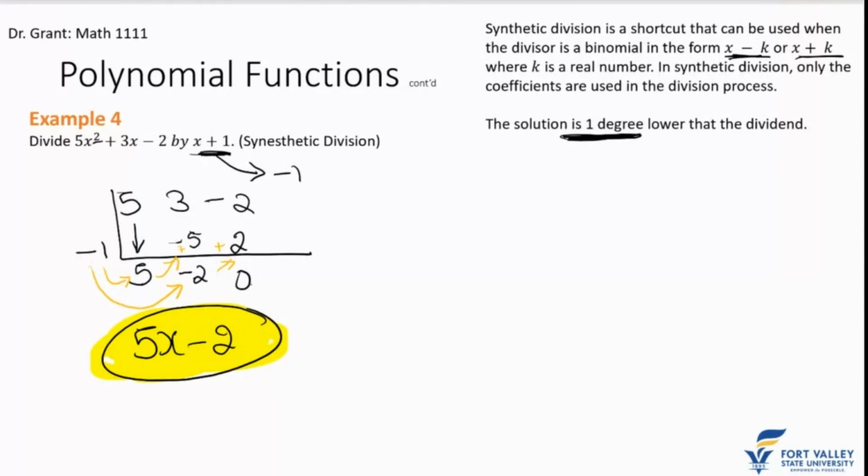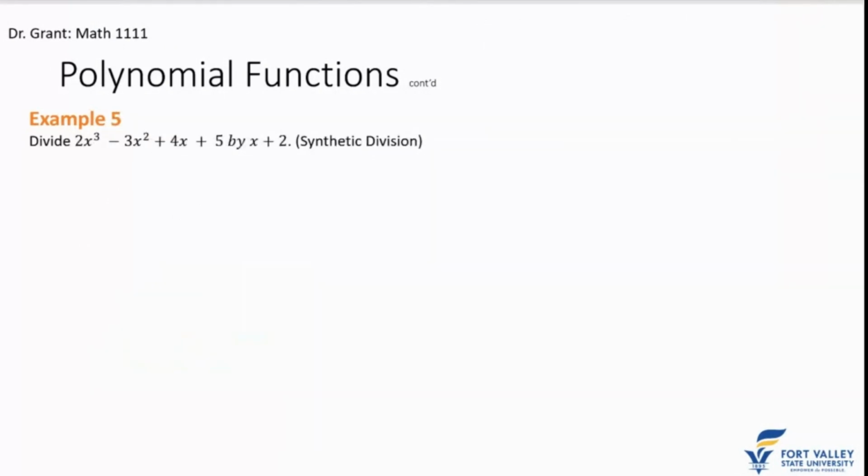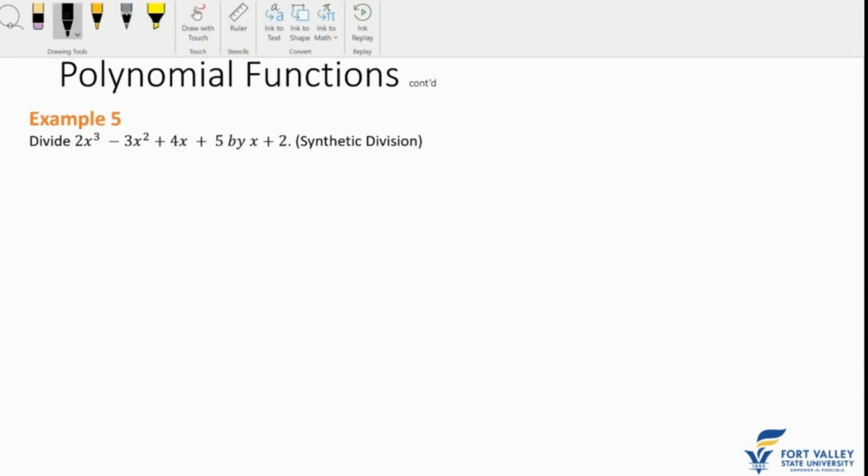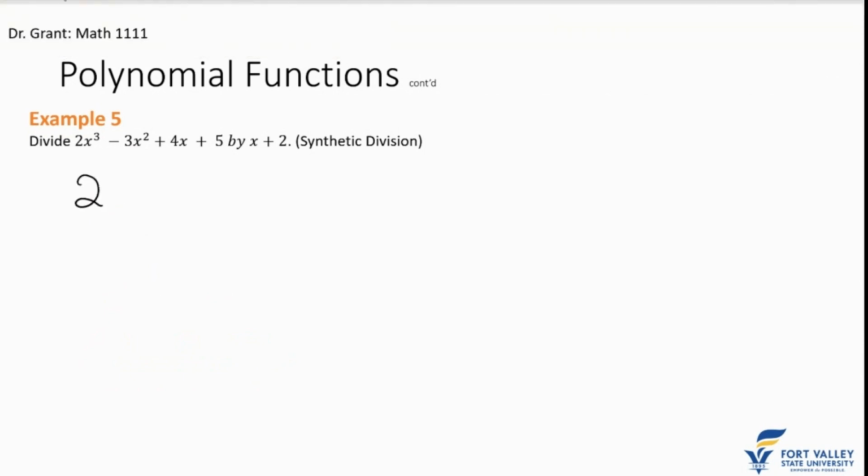Okay, try one more. And again, if you would like, you can pause this video and do the division yourself. Okay, so we're going to take our coefficients: 2, -3, 4, and 5.